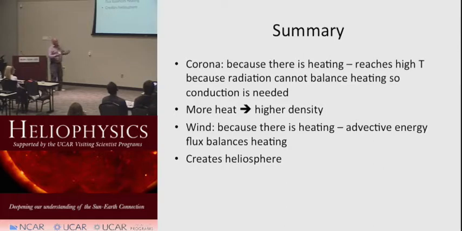We need the thermal conduction, which creates essentially two phases: a cold radiating phase, the transition region, and a hot not radiating phase, which is the corona. More heat leads to higher densities in the corona. The wind is there because instead of radiating, the heat is just being carried outward, being driven outward along open field lines, and that's what creates the heliosphere.